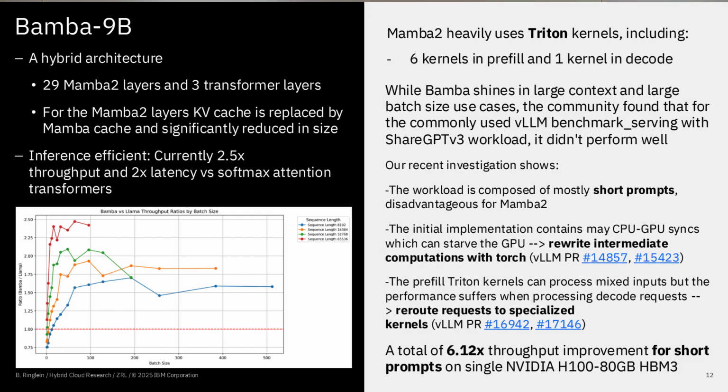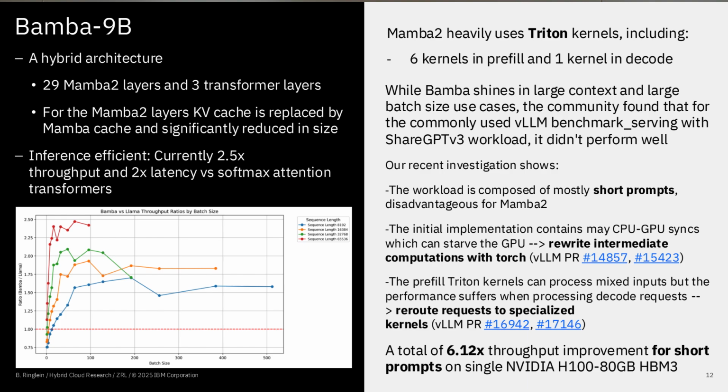I think it was a few months ago, IBM published a model called Mamba 9 billion. This model is a hybrid model that interleaves the Mamba 2 layers and the transformer layers. There are in total 29 Mamba 2 layers and 3 transformer layers.